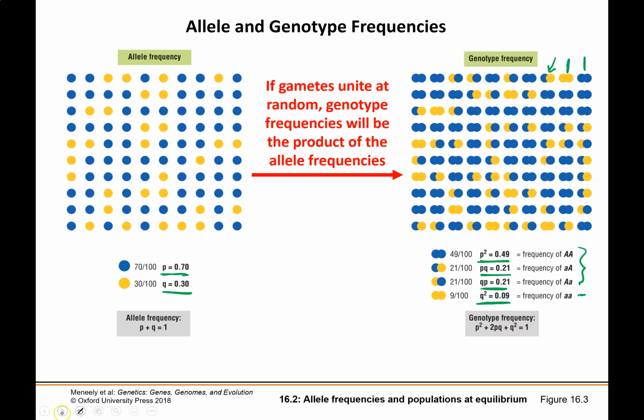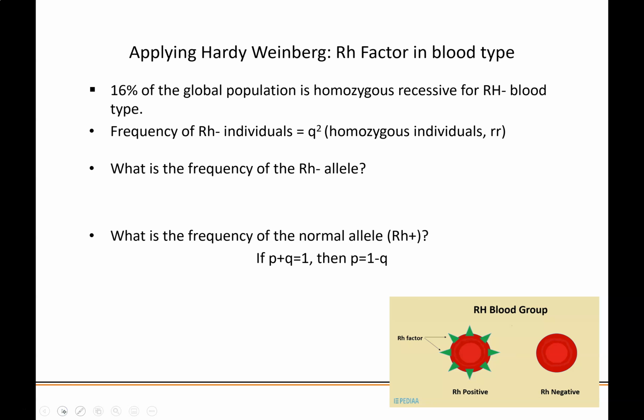We can also use Hardy Weinberg to get some information about our population. So here's an example problem using Rh factor. Remember, Rh is one of our blood typing factors. 16% of the global population is homozygous recessive for Rh negative blood type.